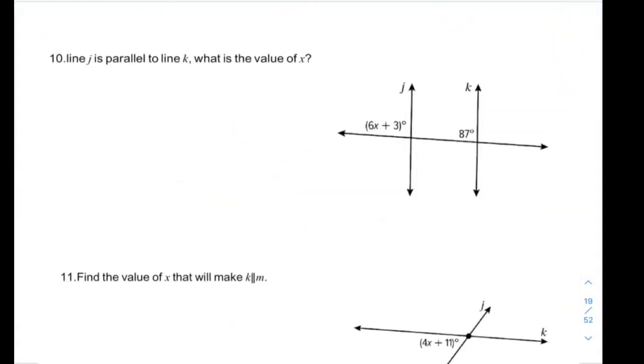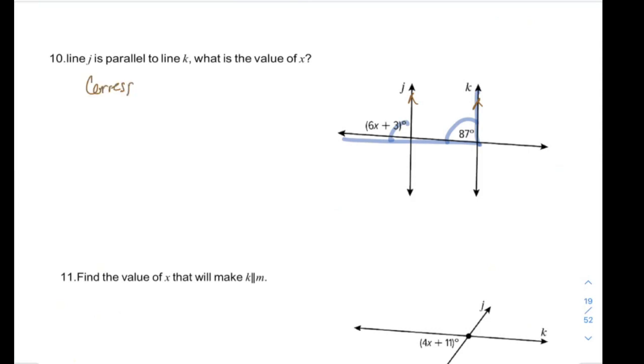Line J is parallel to line K. They are parallel to each other. That means we can apply what we can see here: corresponding, alternate interior, alternate exterior, whatever. As you see here, these angles are corresponding angles. So the theory here is corresponding angles.